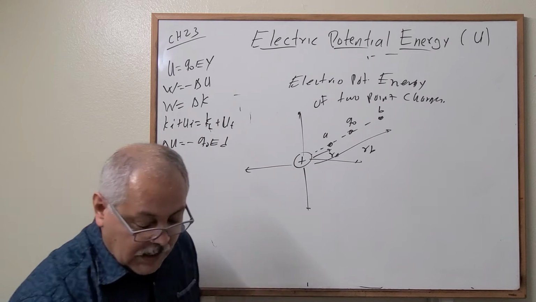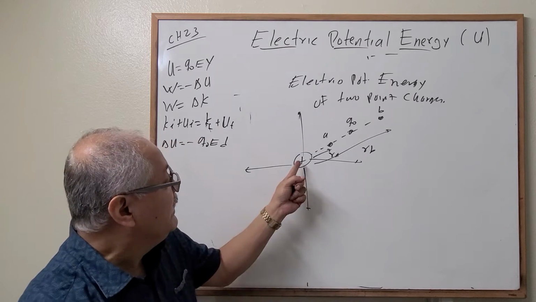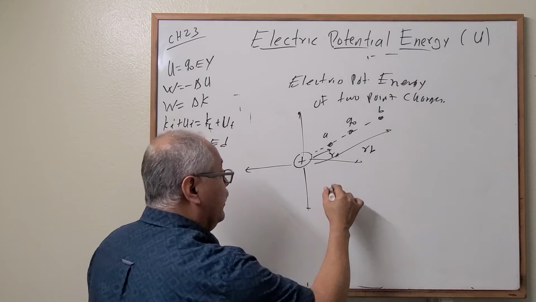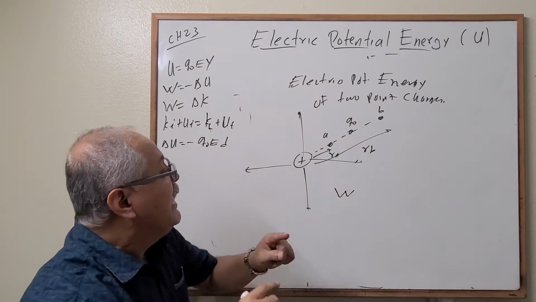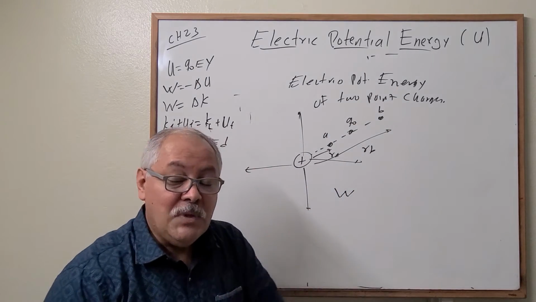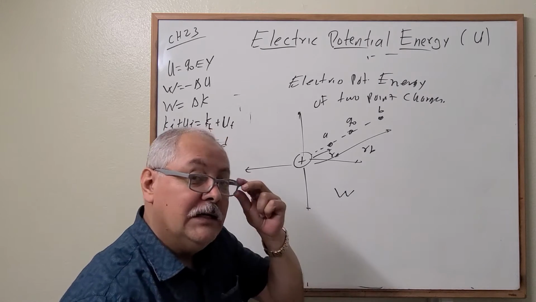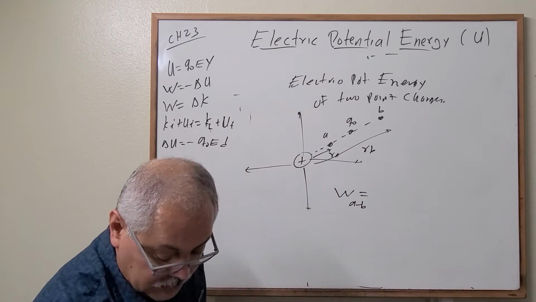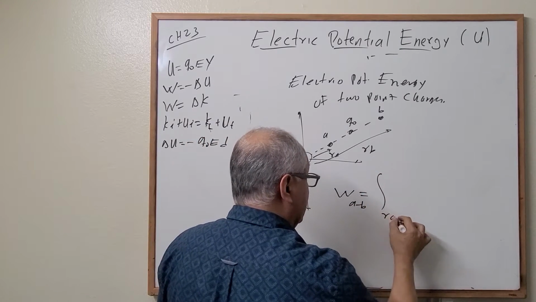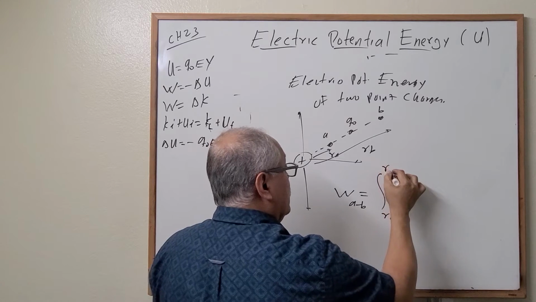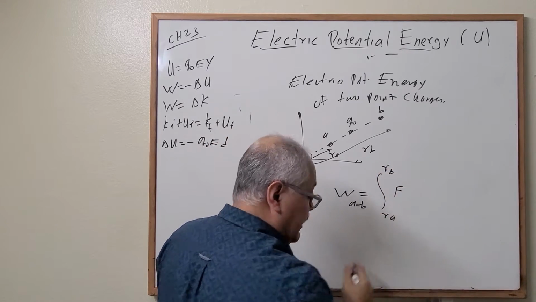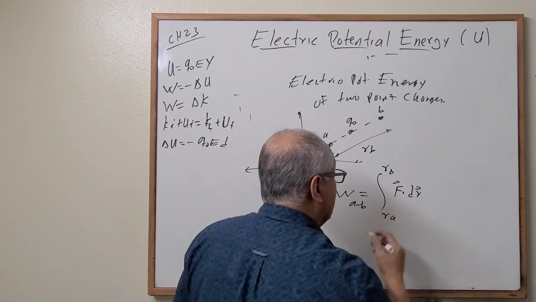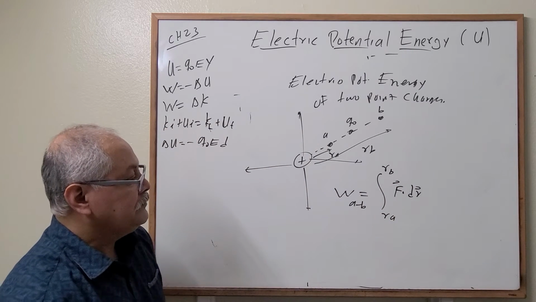Now, how can we find the work done by the field of this charge on this test charge? Because this is a linear path, we can use the line integral. So the work done from A to B is equal to the integral from R sub A to R sub B of this product.